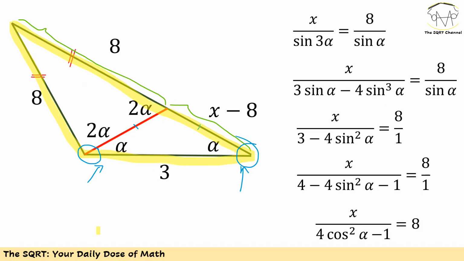To find the other equation, I'm going to focus on the original triangle. Here I have x over sine of 3 alpha equals 8 over sine of alpha.